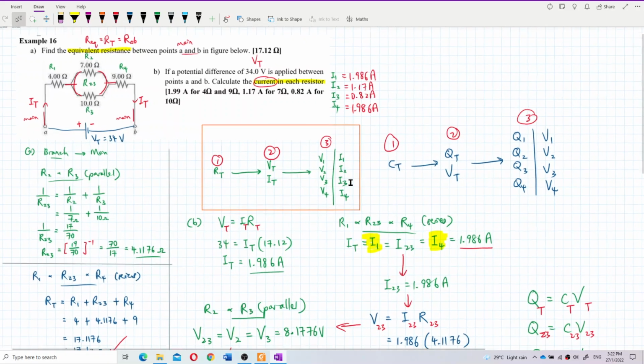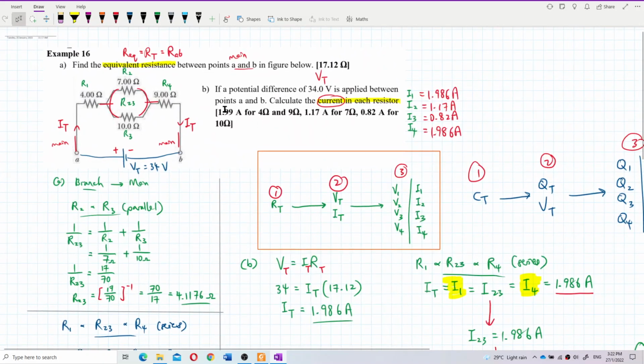Okay, let's check the answer. So 4 ohm and 9 ohm. This is the current I1 and I4.